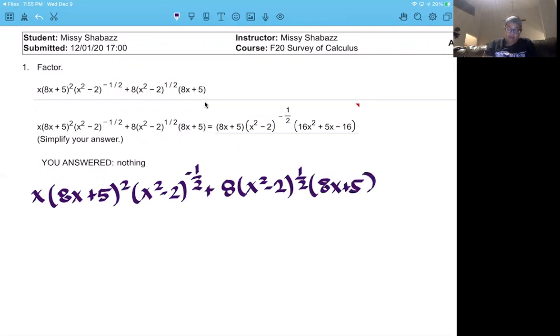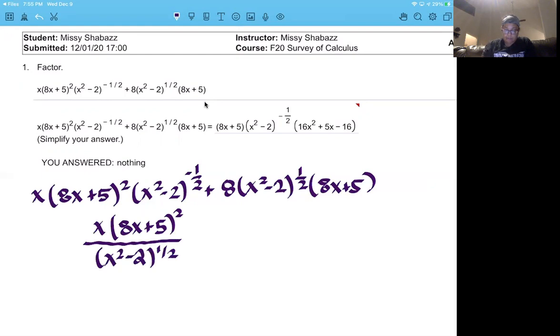So I'm going to start by just rewriting it. Notice that this one has a negative exponent, so I'm now going to rewrite it with that one in the denominator. So I have x(8x plus 5) squared over (x squared minus 2) to the 1/2, plus 8 times (x squared minus 2) to the 1/2 times (8x plus 5).